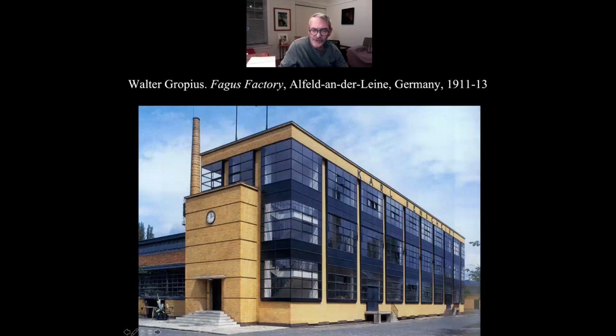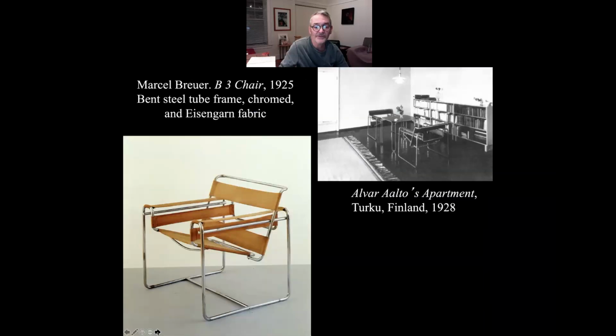You can see the structure inside, and he really just took advantage of the fact that the structure meant that you could have a lot of windows. So I guess steel and concrete meant that you didn't have to have large masonry walls on the outside.